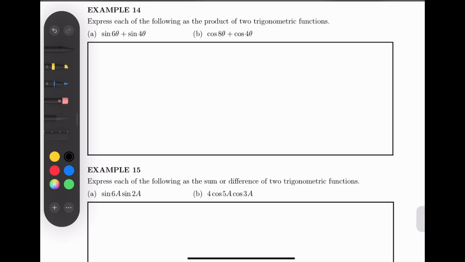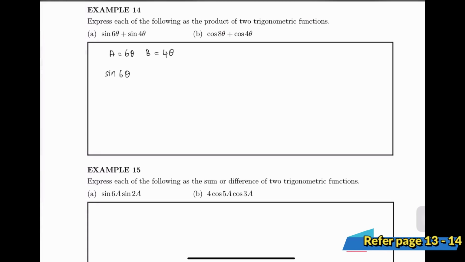Let's discuss example 14. Express the following as a product of two trigonometric functions. So we have sum to product here. We have A is 6 theta and B is 4 theta for part A. So the expression is sine 6 theta plus sine 4 theta.